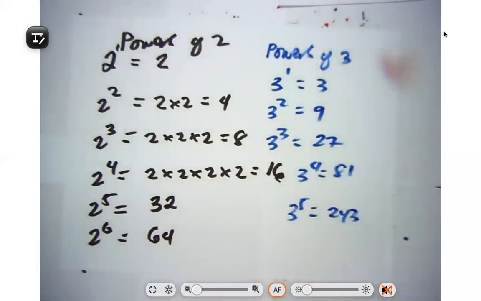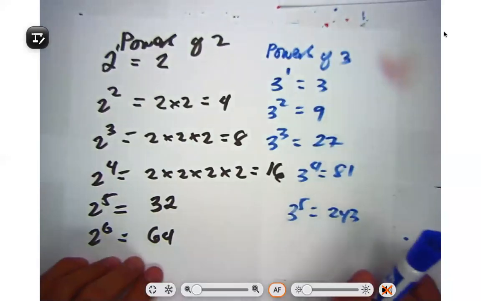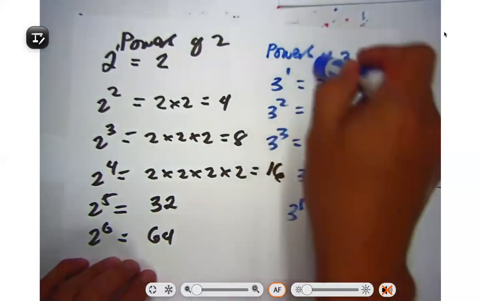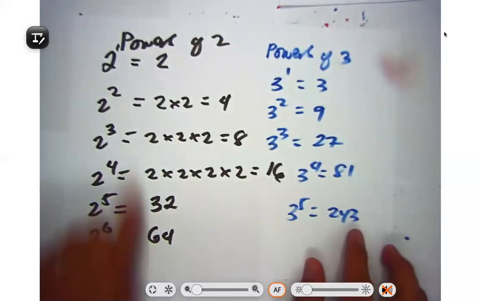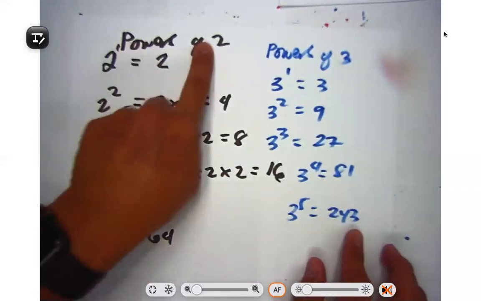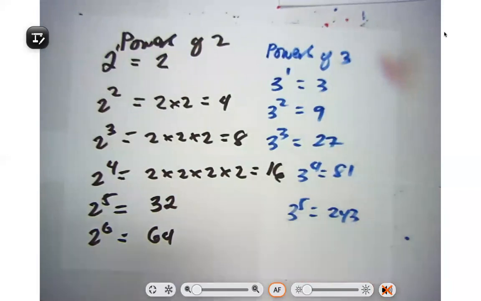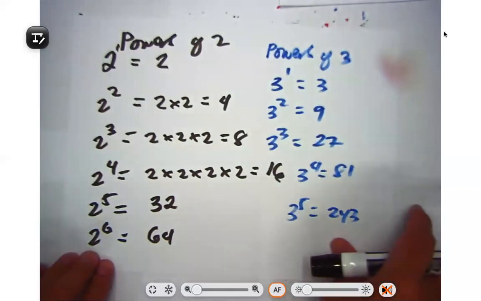But our focus in our next set of examples would be for powers of 2. Later on, in some topics in the future, you might be considering powers of 3 or 4 or 5. At least, that we start from 2.